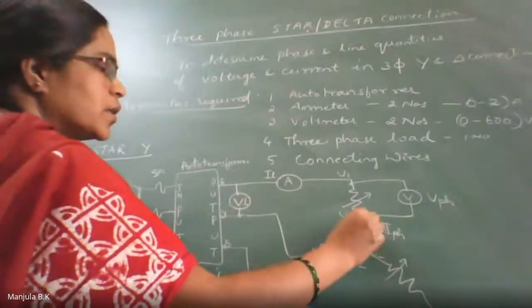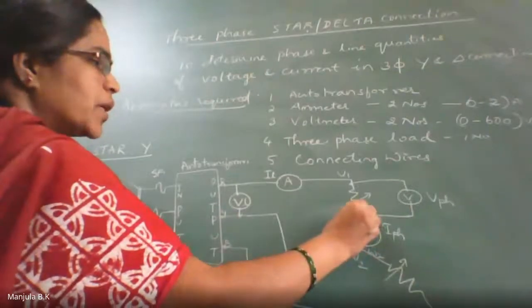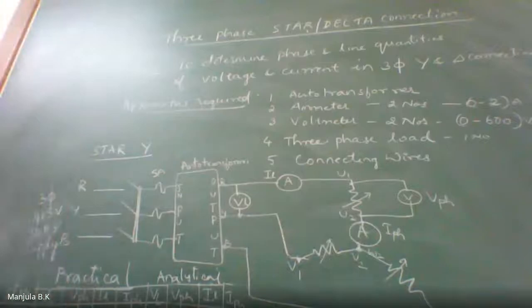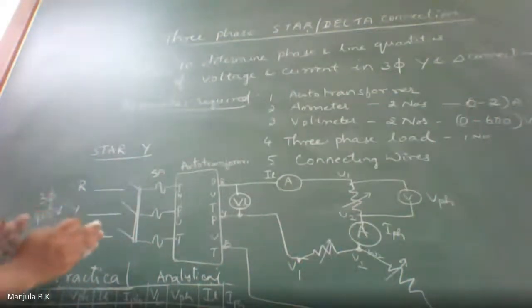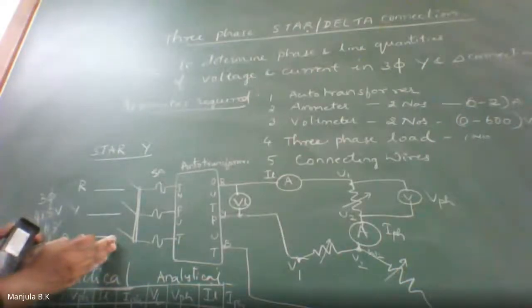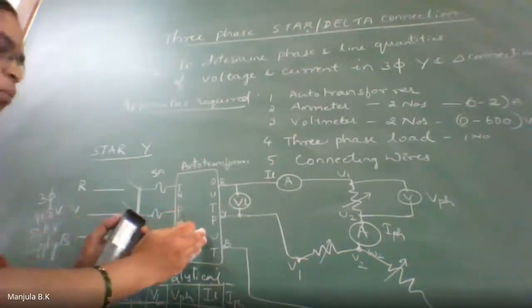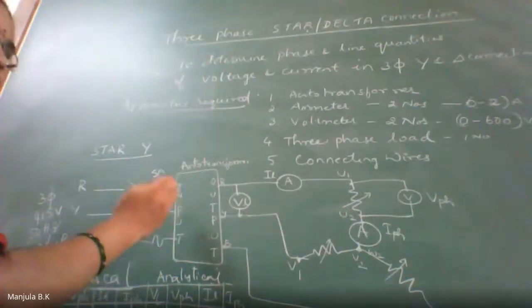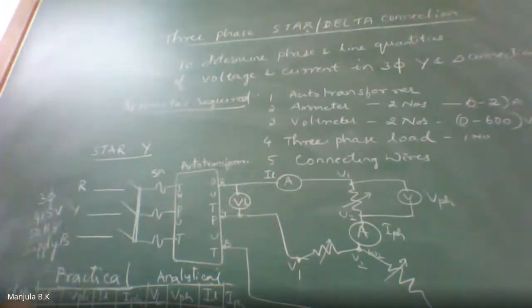Here the ammeter positive will be connected to U2 and the negative of the ammeter will be connected to the neutral point. So this is the circuit, and when we give the three-phase supply, with the help of auto transformer, we will vary the input voltage. Let us assume that we are giving say 100 volts.